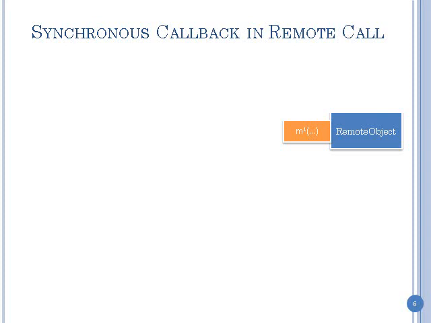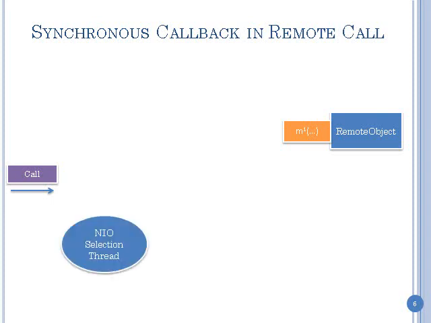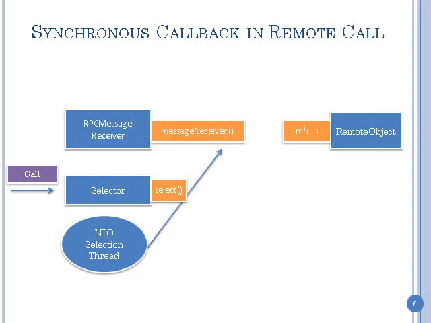Okay, let's talk about deadlock. I've got a different kind of diagram right now. Here comes a call at the server end. The selection thread calls select to process the call, and then says, okay, I'm off from the select. The same thread is now executing message received in the RPC message receiver, and that calls this method.